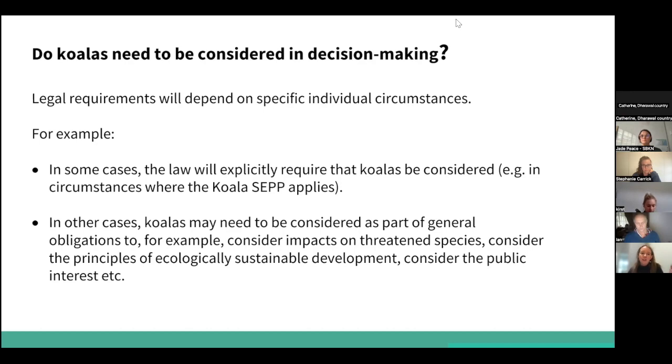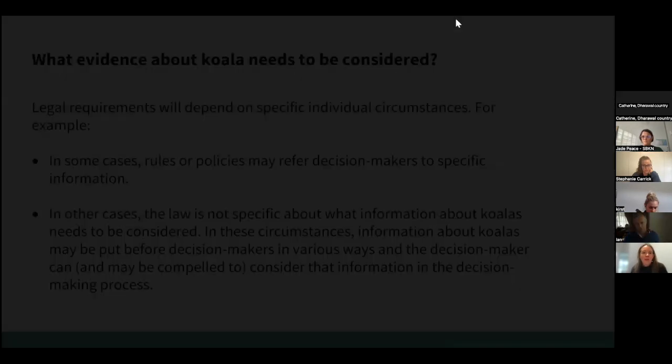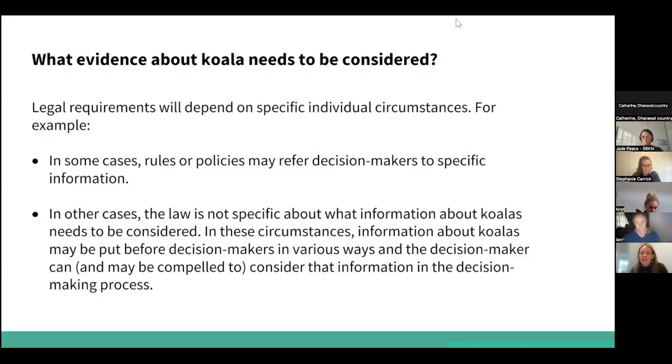And I guess if we're talking in terms of environment and planning law, then yes, generally koalas would fall either into one of those explicit requirements to consider koalas, or probably under one of those more general ones about impacts on threatened species, public interest, etc. But obviously, location is going to be relevant as well. If you're in a location where there's no koalas, then it's probably less likely that you'll need to consider the information about koalas.